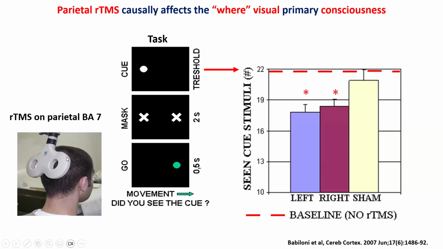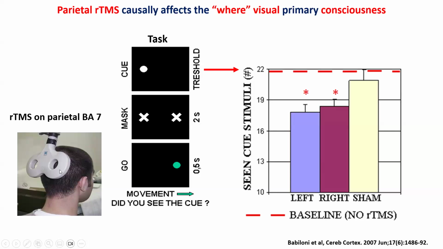In the picture, you see the coil generating a magnetic field that interferes with the activity of Brodmann area 7. We give this magnetic interference in Brodmann area 7 during the task, the same task of the EEG recording.